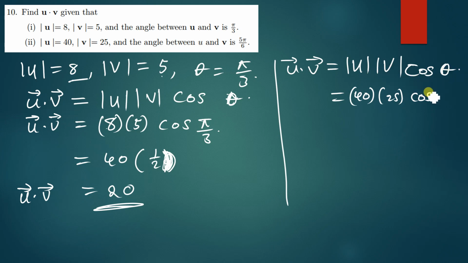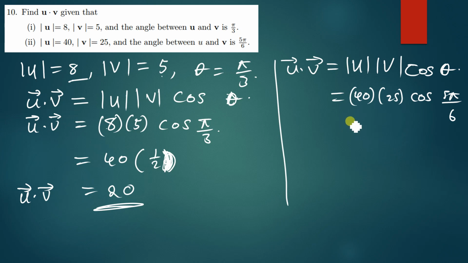Theta has been given as 5 pi over 6, which in degrees should be 150, because 180 divided by 6 gives you 30, times 5 is 150.